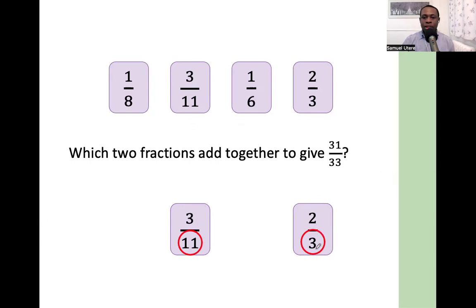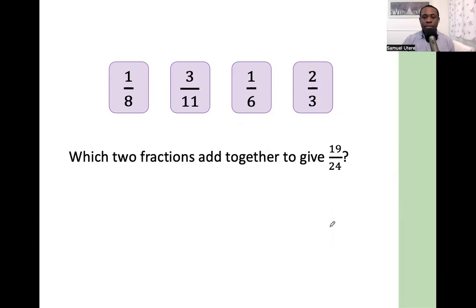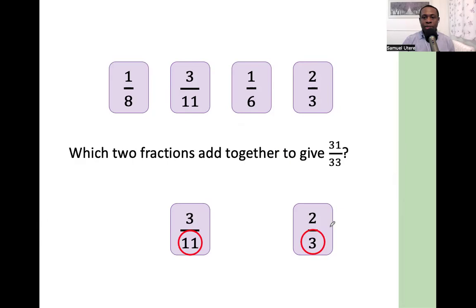If we multiply this by 11, that will give us 33, and that will give us 22. So if we add them, 9 plus 22 will give us 31 over 33.